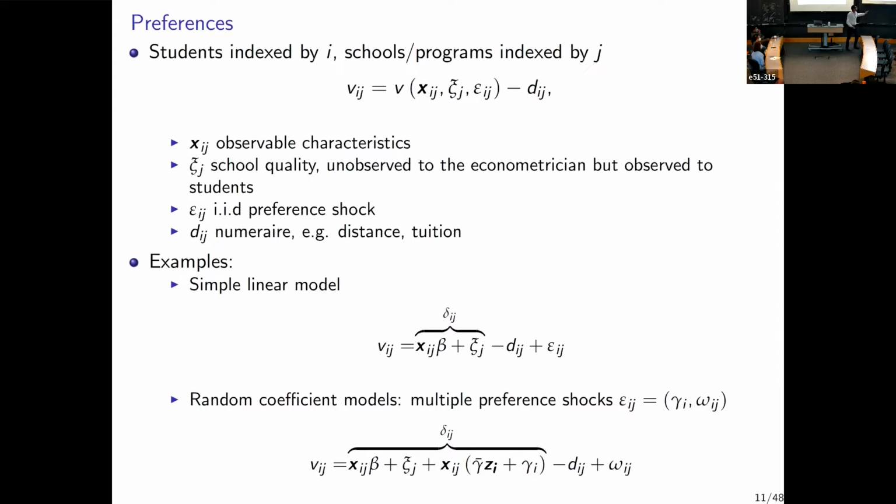Because if I assume that epsilon_ij is IID across schools, then essentially once I know the x's, two individuals should be the same. Well, by allowing gamma_i to have an individual heterogeneity that affects student characteristics, I'm saying, well, maybe there is some correlation in the parts that are not observed about the individuals. Okay.